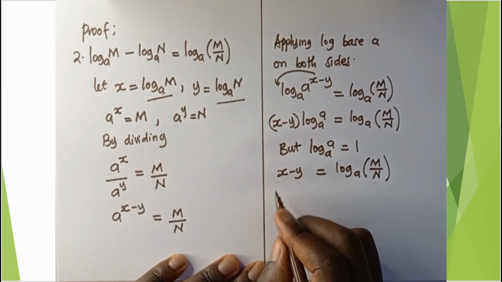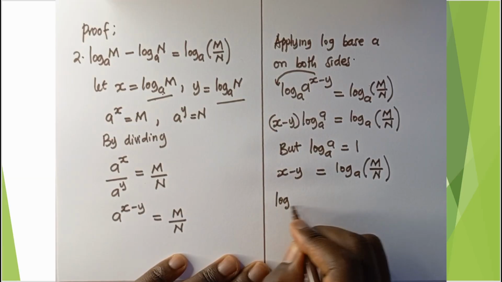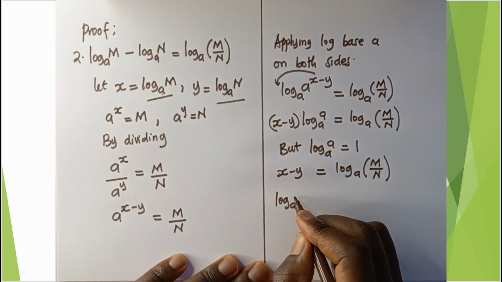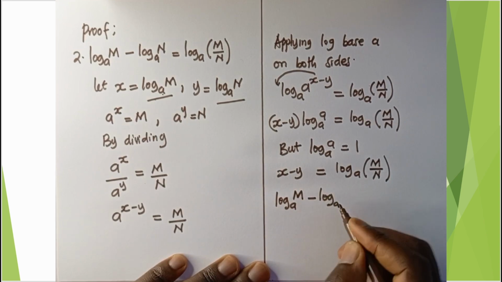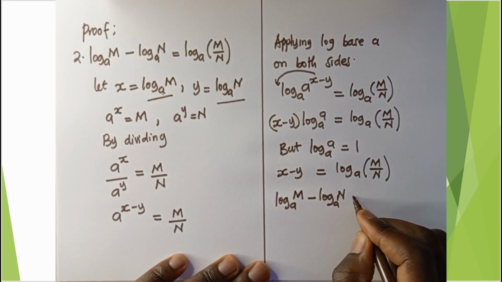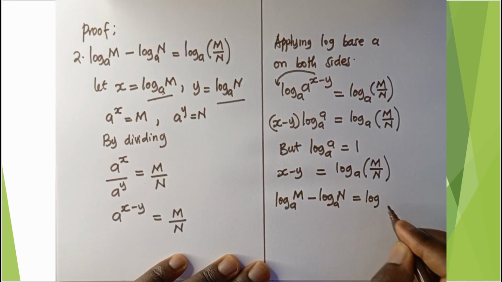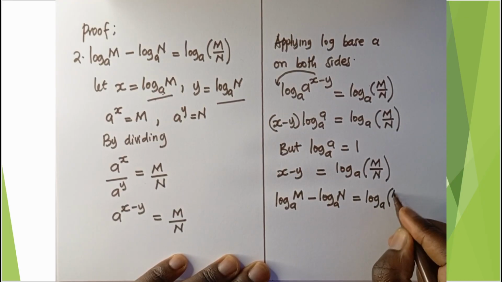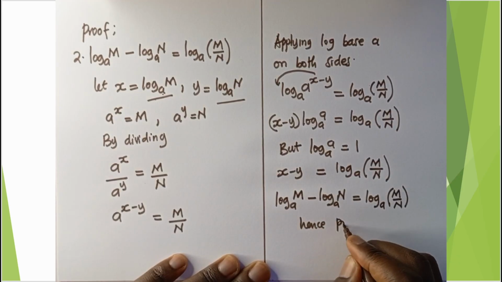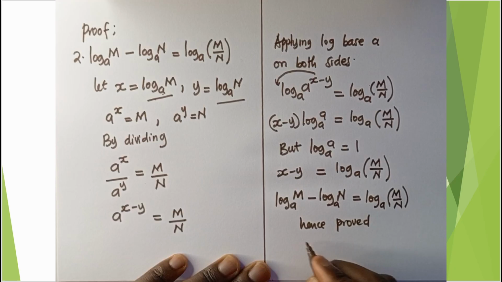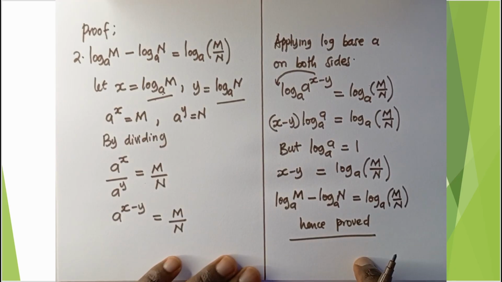It is that. So therefore, log base a of m minus log base a of n is actually log base a of m over n. Hence proved. So that is our second law.